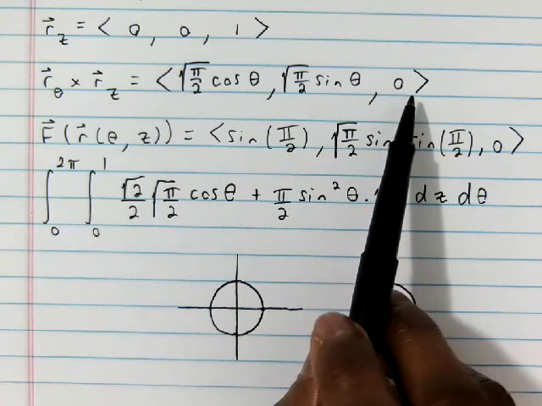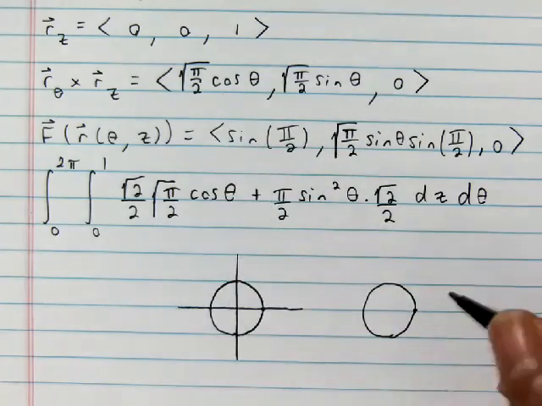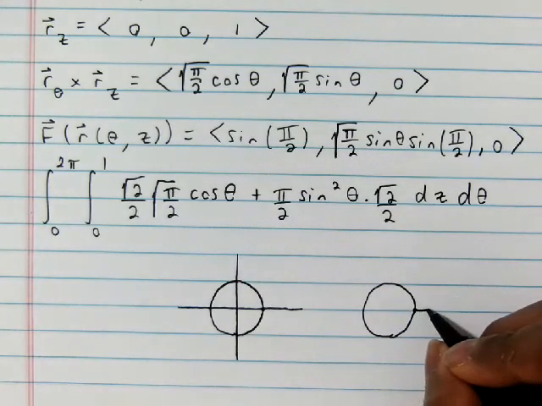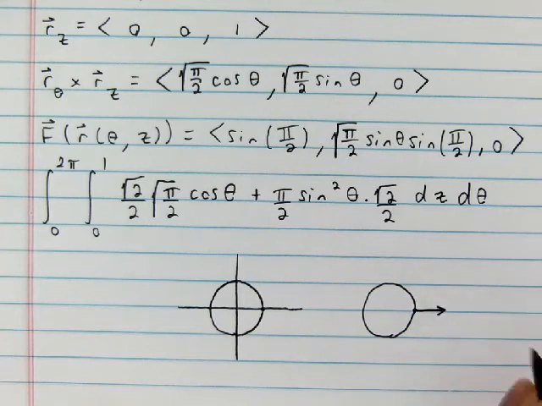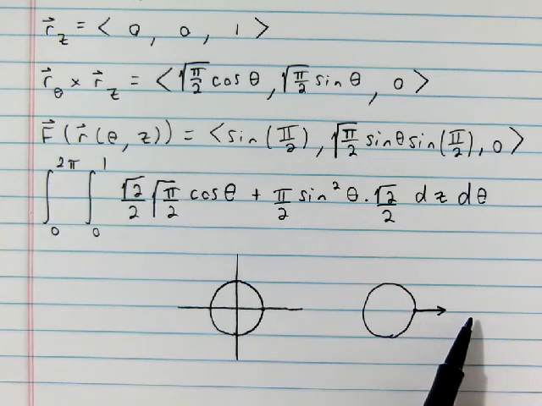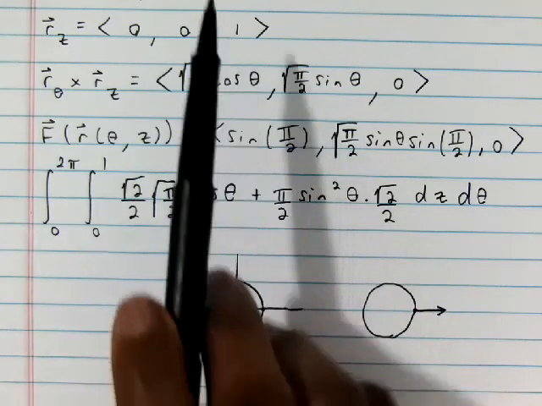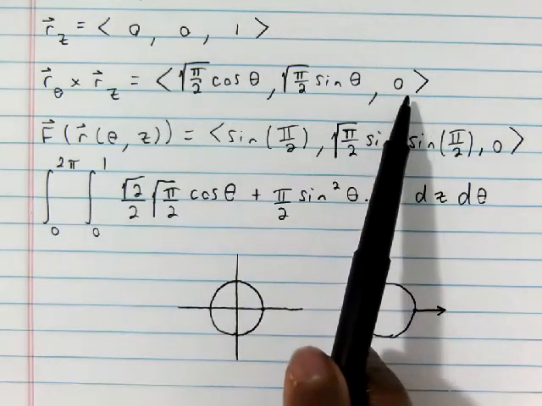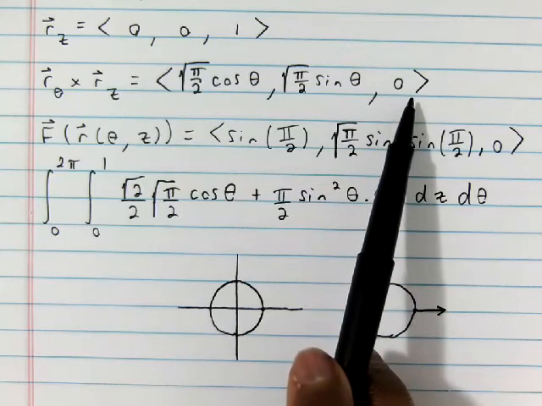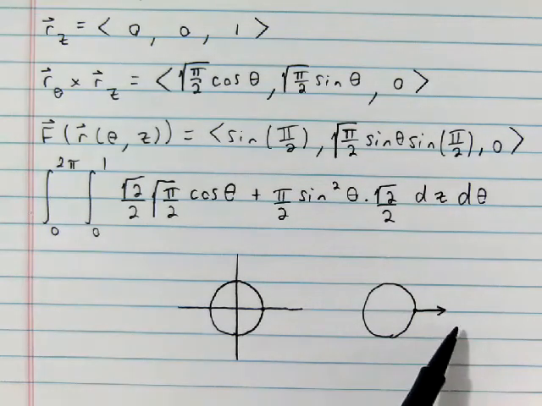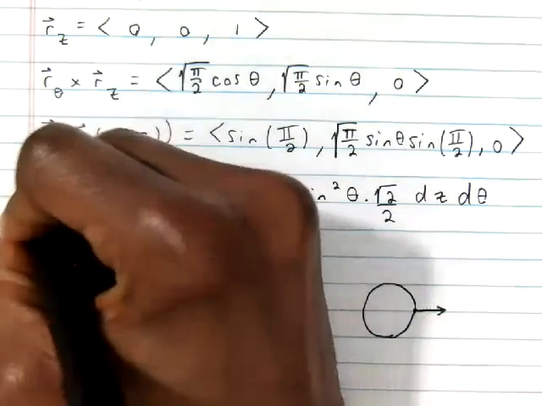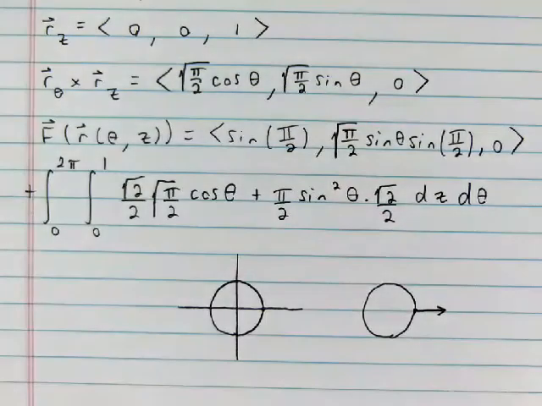So I get the vector that points in this direction and has a magnitude of square root of pi over 2. So I get an outward pointing vector, which means this normal vector is in alignment with what we were told in the problem, outward pointing from the cylinder. I don't need to write it there, but we would have a plus sign there.